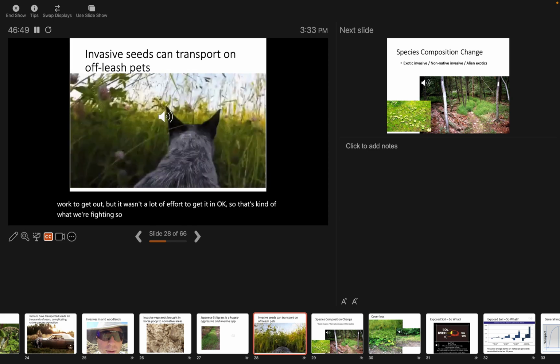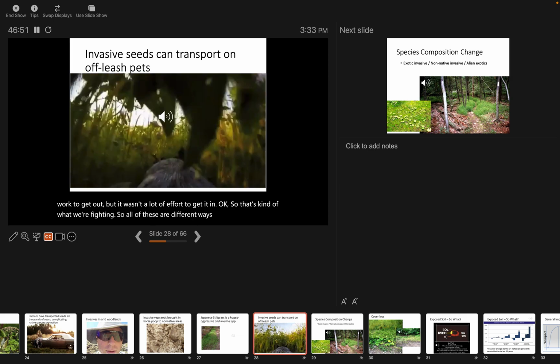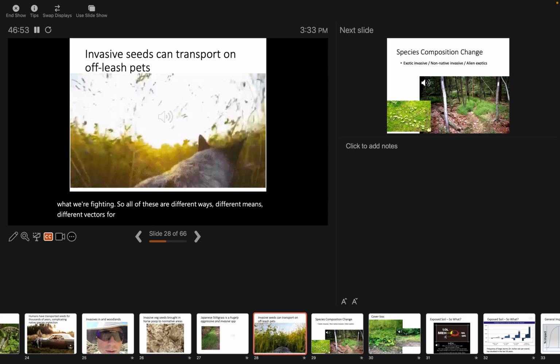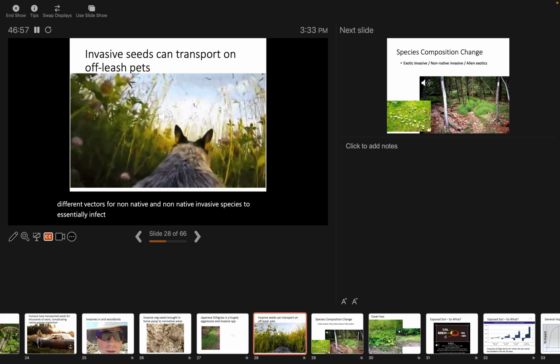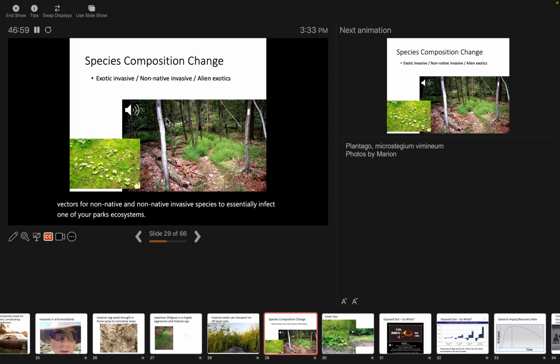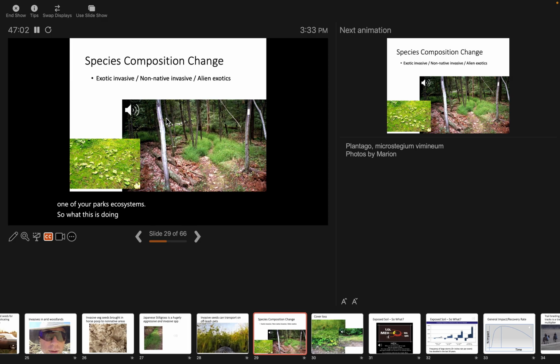So all of these are different means, different vectors, for non-native invasive species to essentially infect one of your park's ecosystems. So what this is doing partially is species composition change. You've got a native species composition profile, and then you've got people introducing other stuff.